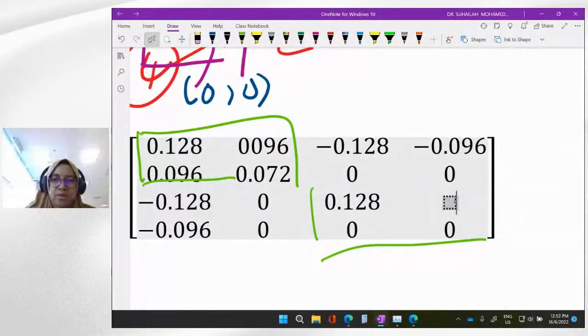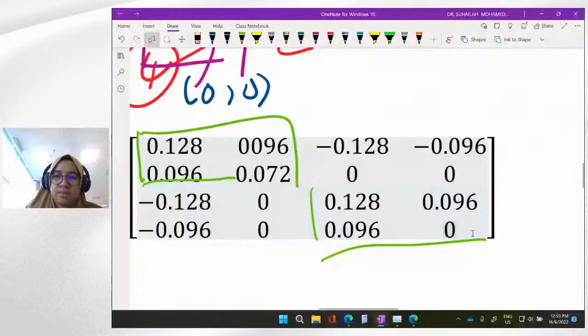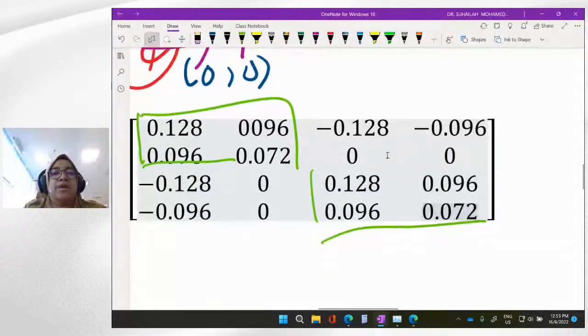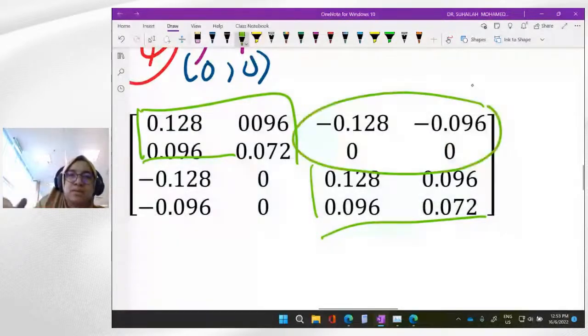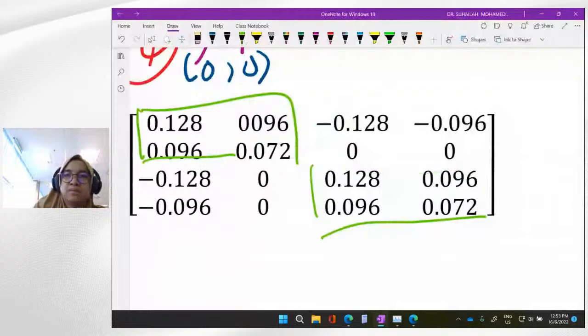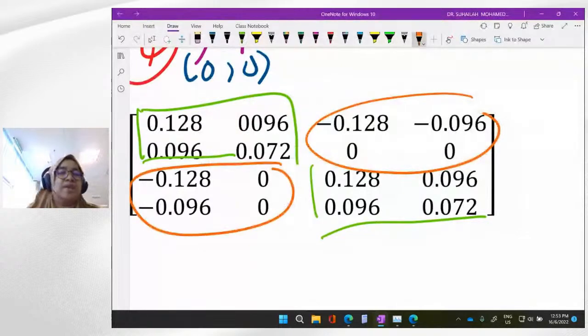Okay, 0.096. So this one is 0.096, and this is 0.072. Okay, and this is also the same value, but the difference is only due to the sign.